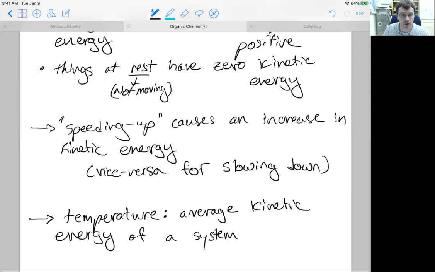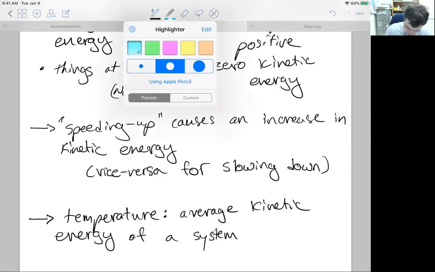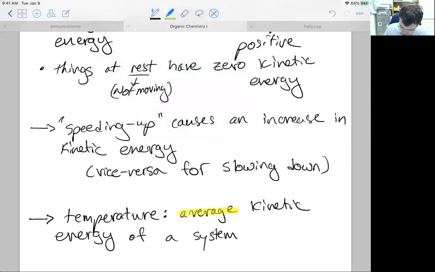If we look at the terms here, this is a really important definition. The average, and this is over all molecules in the system. So we have all of the molecules in the system.